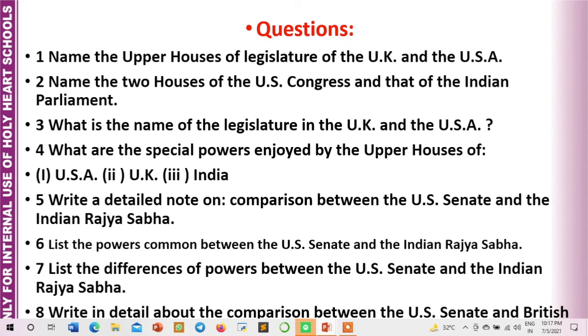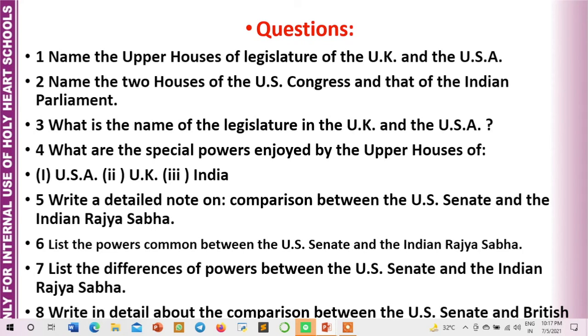The next is: list the differences of powers between the US Senate and Indian Rajya Sabha. So just now I was telling the difference is of the money bill. Money bill, no doubt, introduction cannot be done in the upper houses, but the US Senate has complete power to make unlimited changes in the money bill. But the Indian Rajya Sabha doesn't have this power. So this difference you have to tell as far as the money bill is concerned.